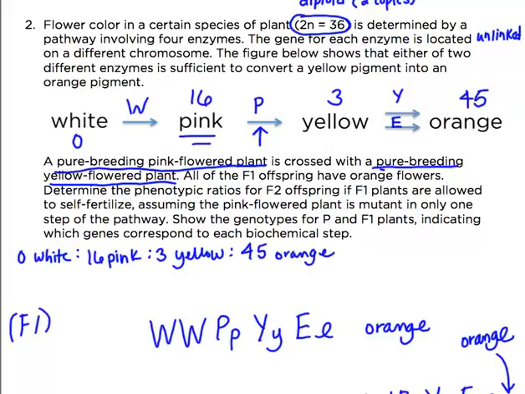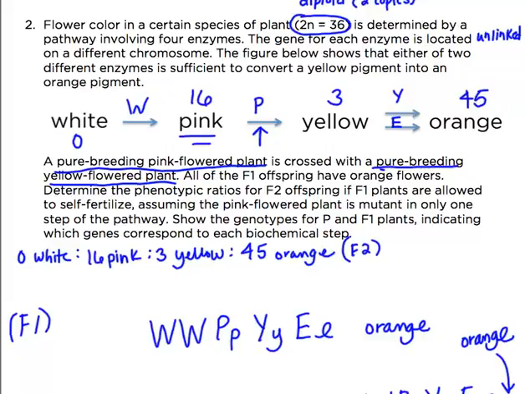Because there were 4 different genes here and it was a biochemical pathway, there's no possible way to just do this with the dihybrid cross ratios. You just had to do the line method to get these phenotypic ratios of the F2 generation.